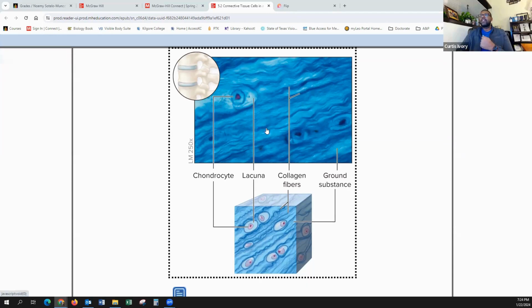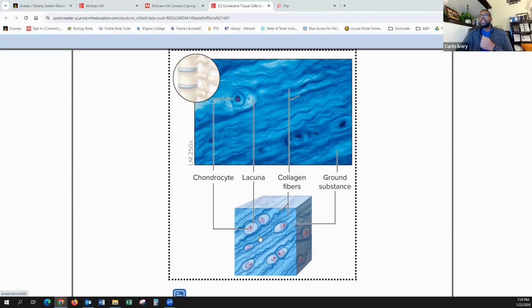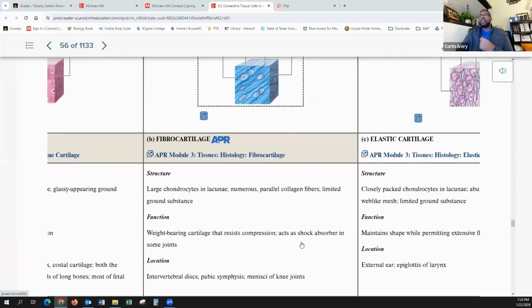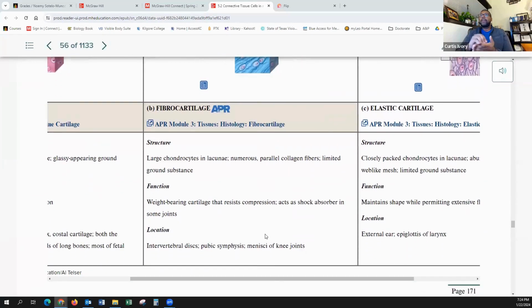And this is what it looks like underneath the microscope. It kind of looks glassy, but you can also see that it has some collagen fibers in there for a little bit of stretching. Anytime you see chondro, that's referring to cartilage, and then cyte means cell. So looking here, the function is for weight-bearing cartilage that resists compression, and it also acts as a shock absorber.